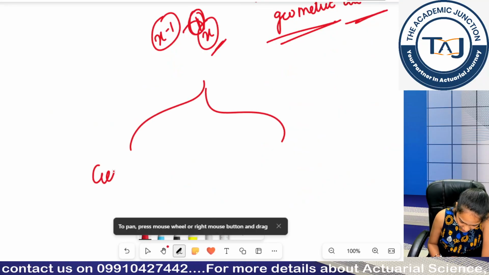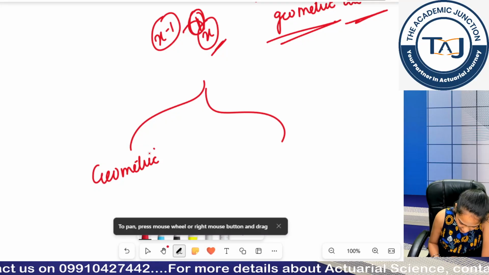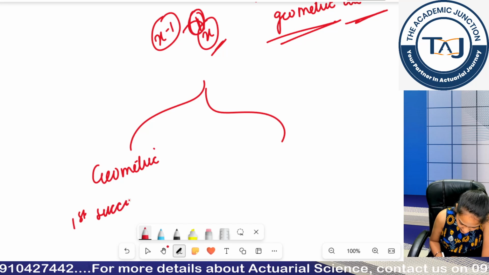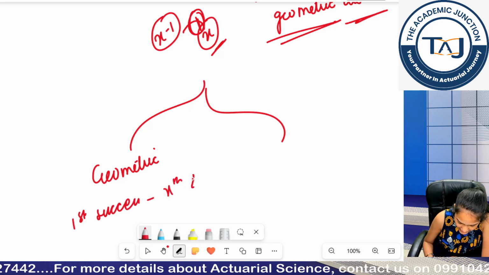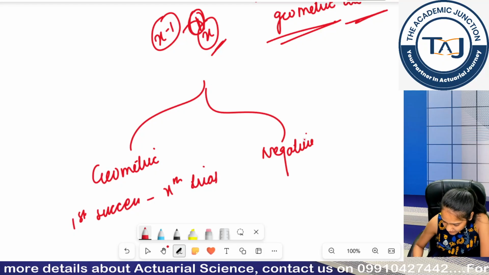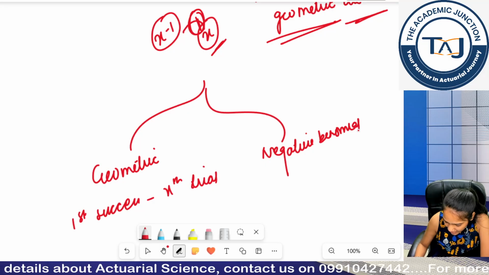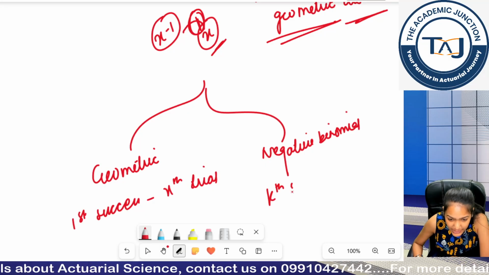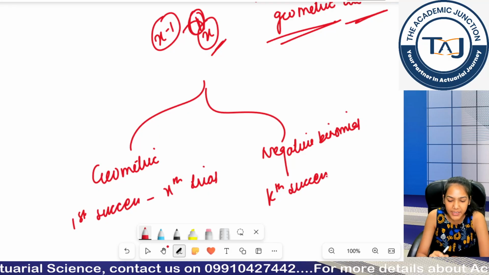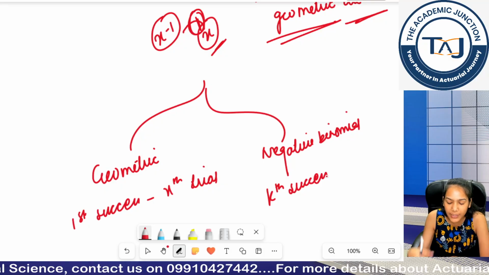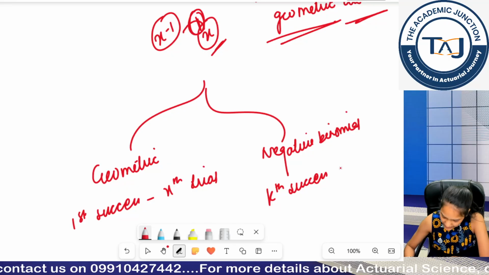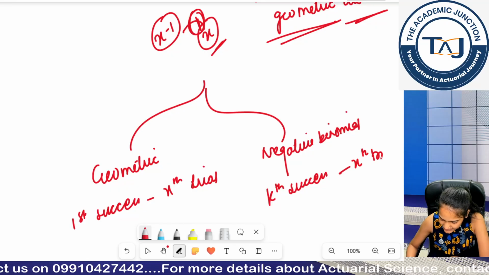So in my geometric I was getting first success at my Xth trial, but in my negative binomial I would be getting my kth success. Now I am no more concerned with my first success, I am concerned with my kth success. For example, if I say fifth success, sixth success, that's my k. Kth success in Xth trial.